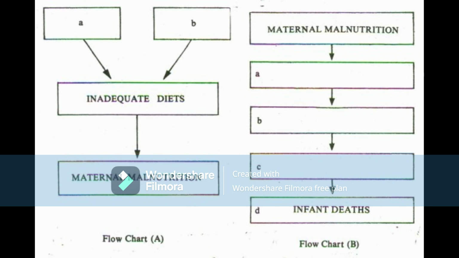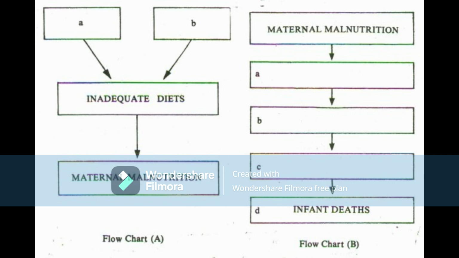22.5 Risk factors in pregnancy. In the earlier section, we have discussed the causes and impact of maternal malnutrition. The crucial question we must now talk about is, how do we tackle this problem? How do we predict which woman will become malnourished? Much research has been done on this aspect in India and abroad.